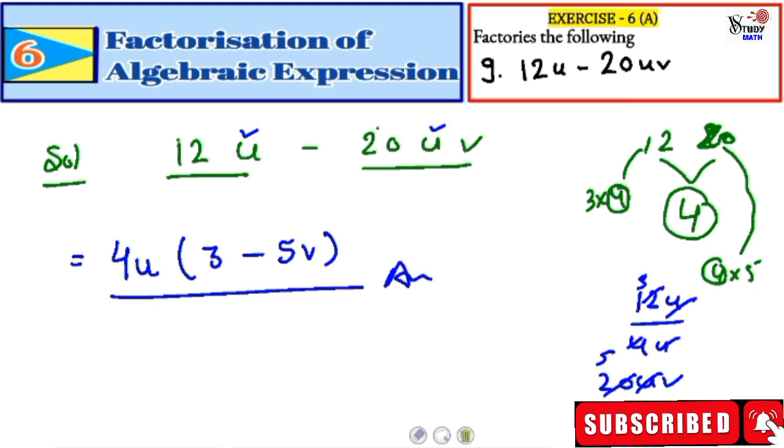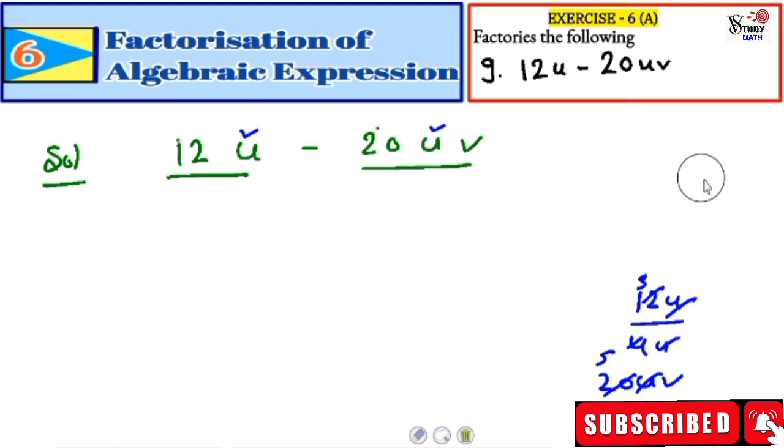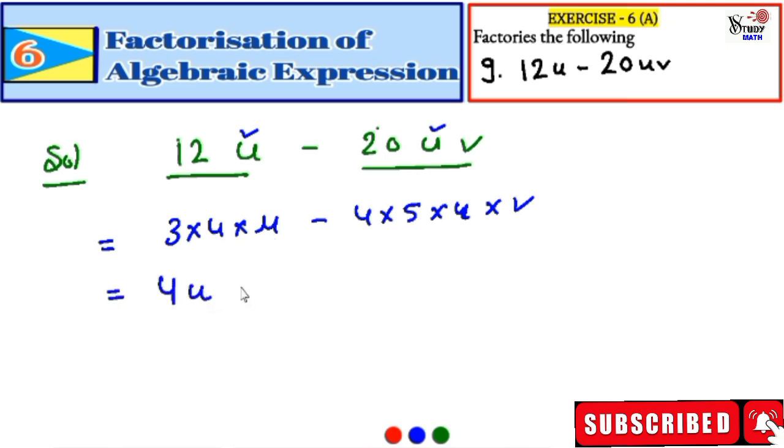But what I taught you before, I'll show you the basic way to solve this problem. The basic way is that we have to take common. So I'm going to write 3 multiply 4 multiply u, and negative 4 multiply 5 multiply u multiply v. Now I have to take commons. 4u is common here.